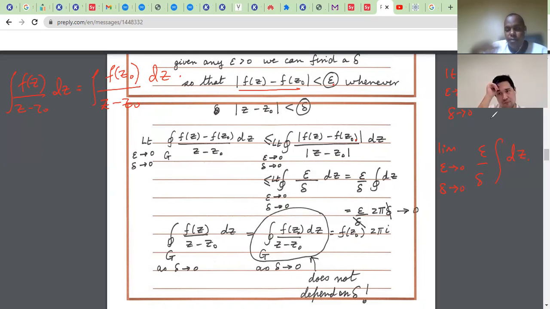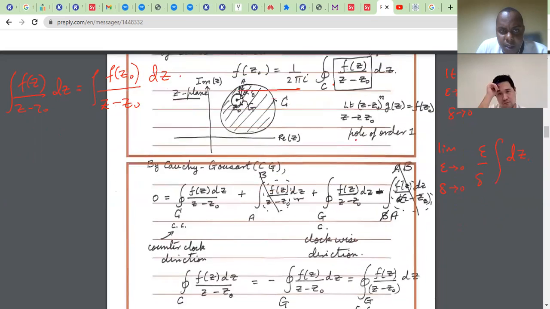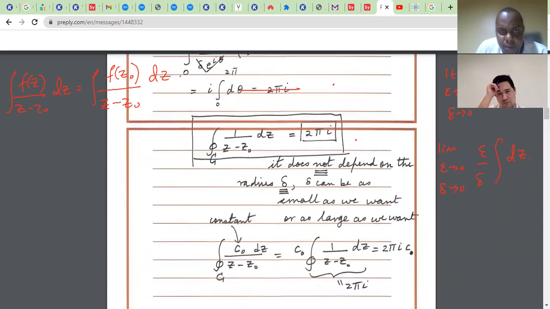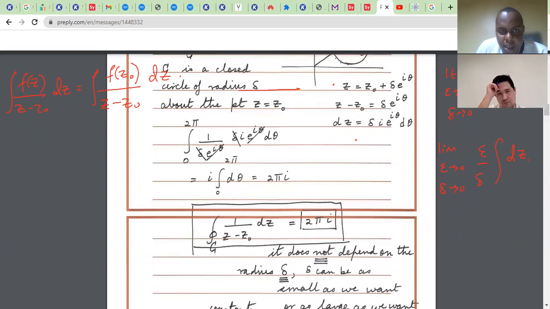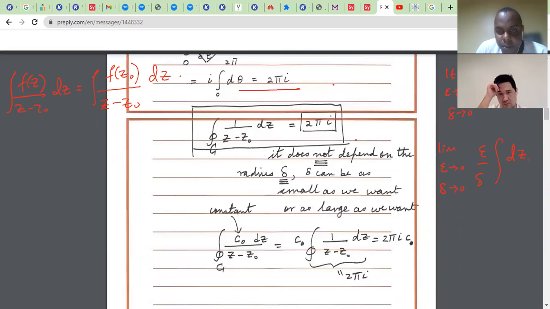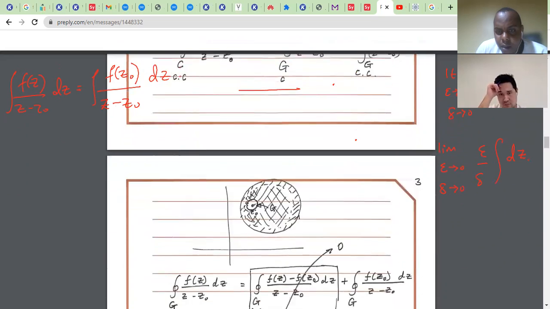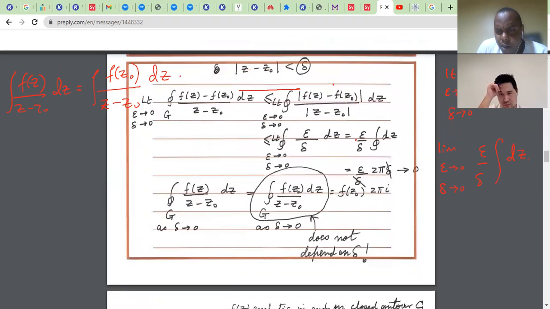I think we saw it somewhere here, integral from theta to 2 pi will be 2 pi. So this again simplifies to the limit as epsilon approaches 0, delta approaches 0, of epsilon divided by delta.